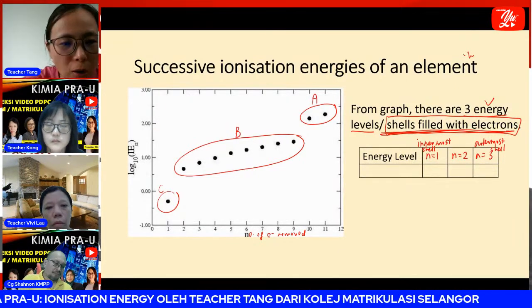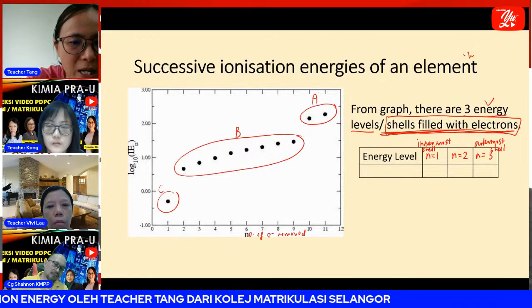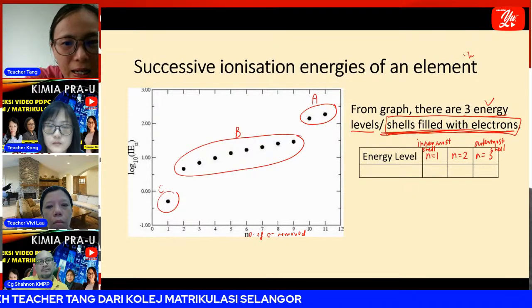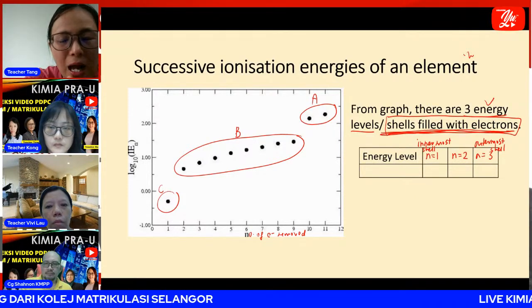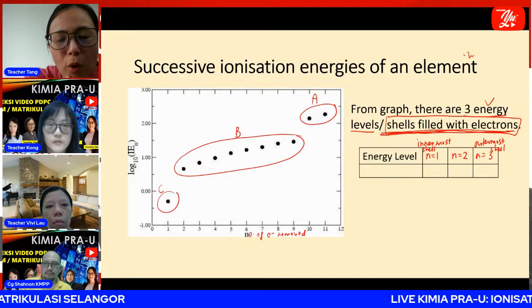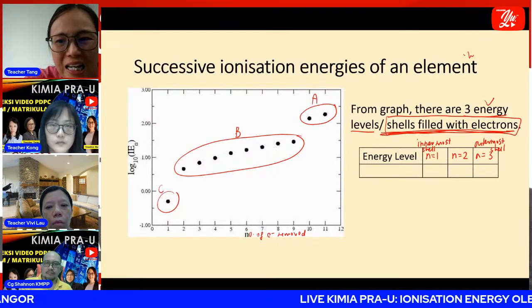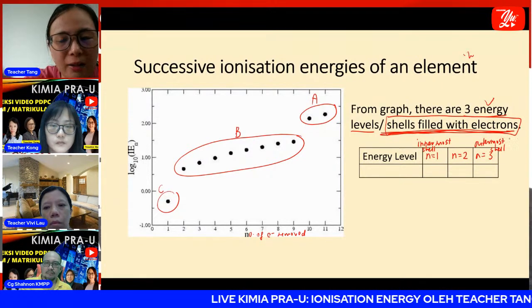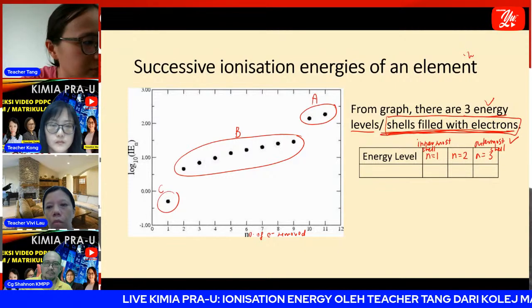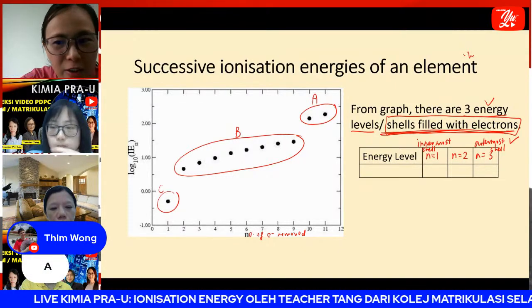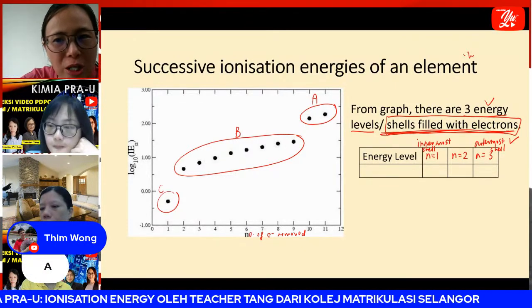Okay, so from this graph, I label it A, B, C. Students, now I want you to tell me which one, A, B, or C, is the outermost shell.